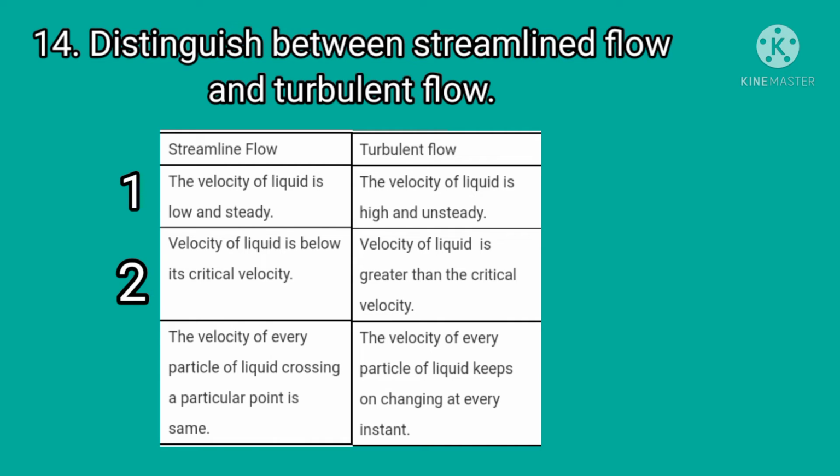The velocity of liquid in streamlined flow is below its critical velocity, whereas the velocity of liquid is greater than the critical velocity in turbulent flow. The velocity of every particle of the liquid crossing a particular point is same in streamlined flow, whereas the velocity of every particle of liquid keeps on changing at every instant in turbulent flow.